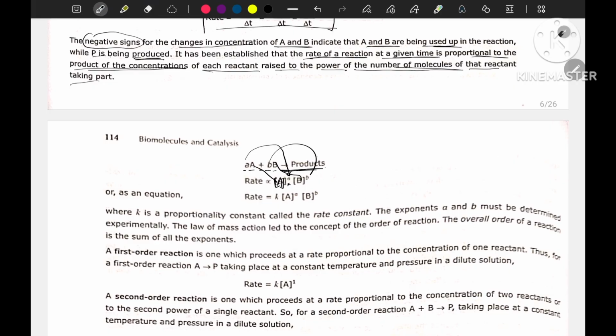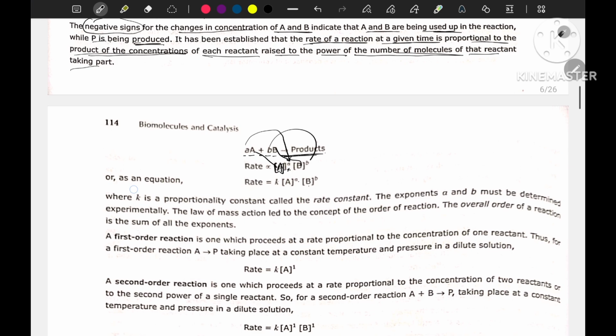To take away this proportionality sign, we put a constant k here. So now the equation is rate equals k times [A]^a [B]^b, where k is the proportionality constant called the rate constant. The exponents a and b must be determined experimentally.